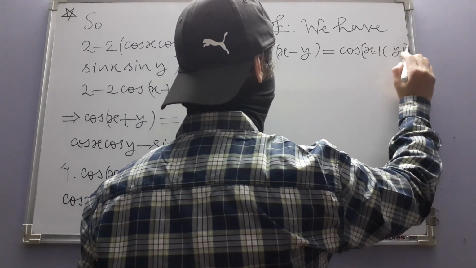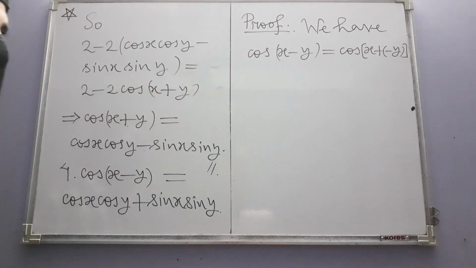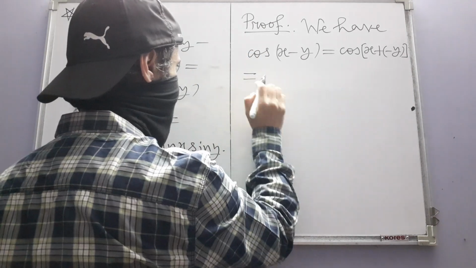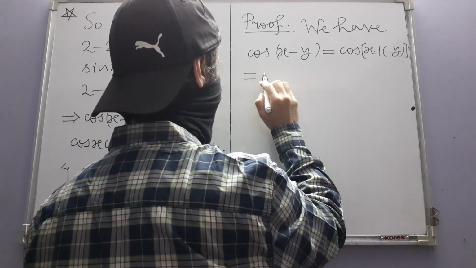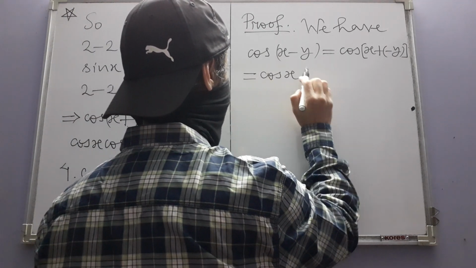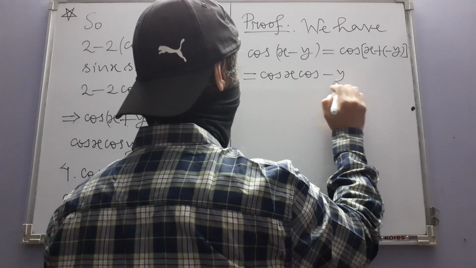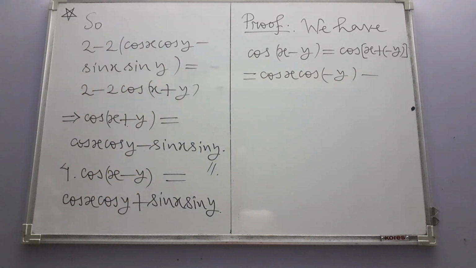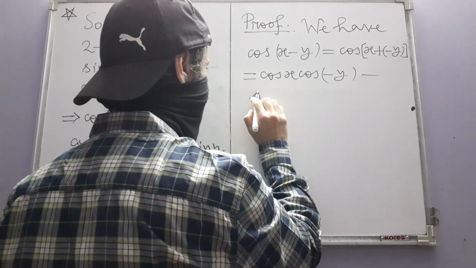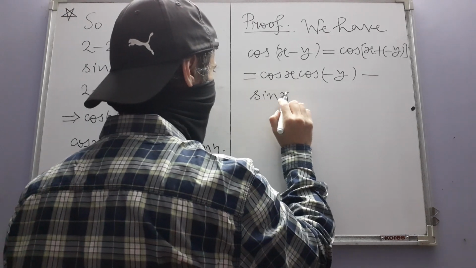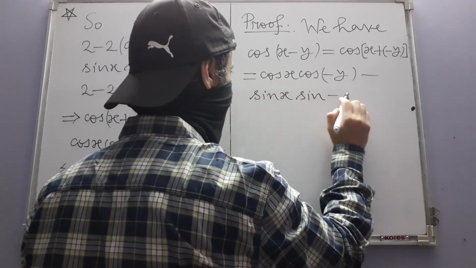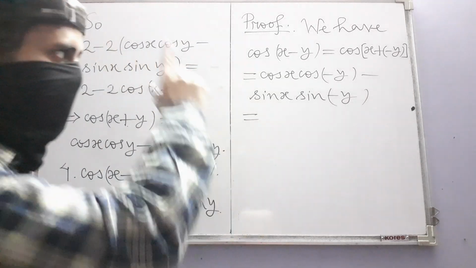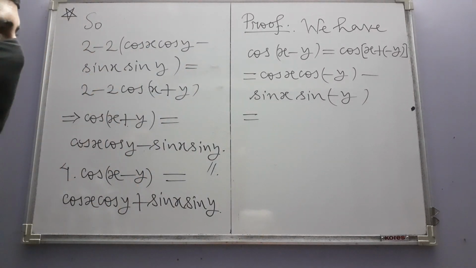I mean, x minus y is also a sum, the sum of x and minus y. So here we can use our third identity and write cos x cos minus y minus, because the third identity has minus, sin x sin minus y.